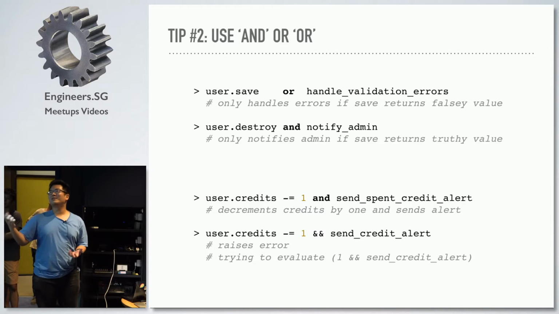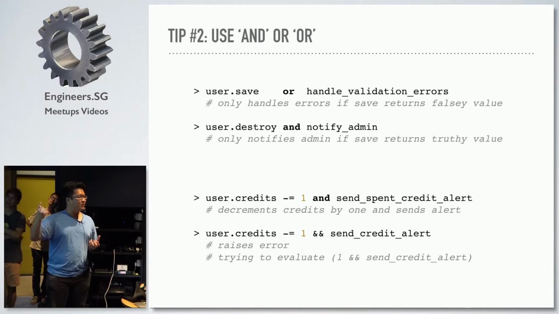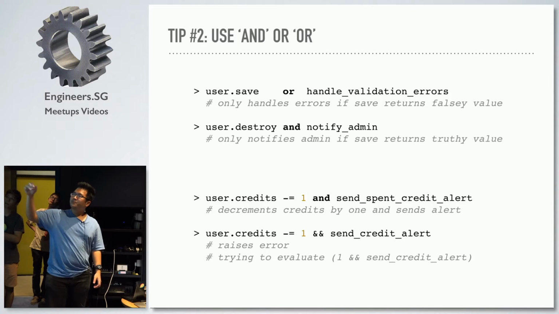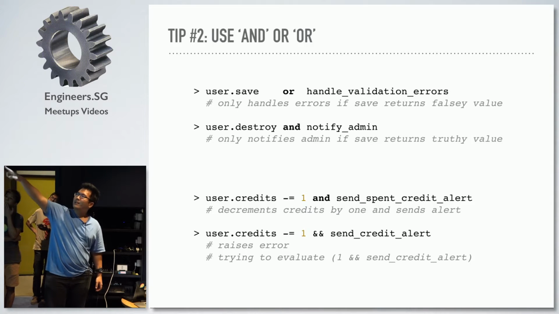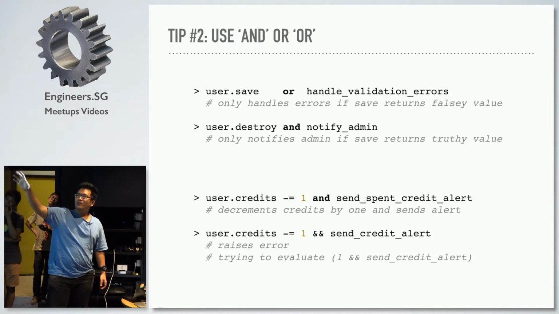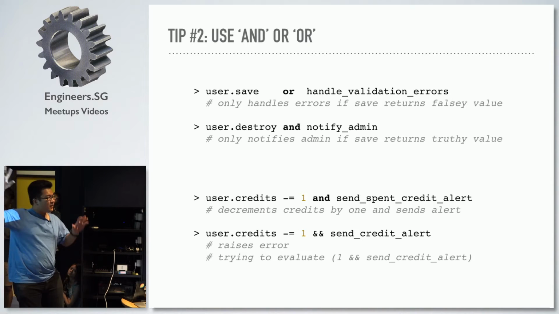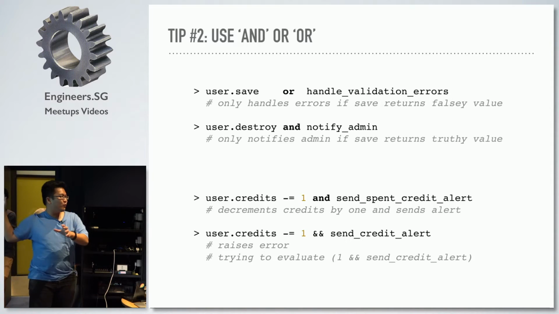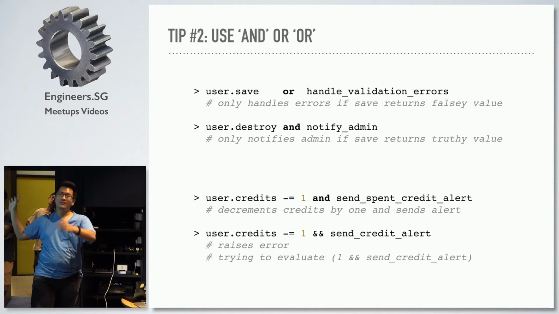In Perl, you use this to run statements conditionally in a sense. So if you look at the first statement, users.save or handle validation errors. Because of what we call short circuit evaluation, to evaluate an OR statement, you don't actually need to evaluate both sides of the OR statement.